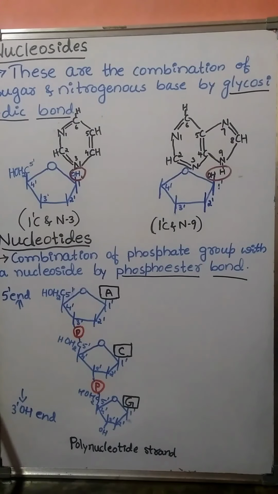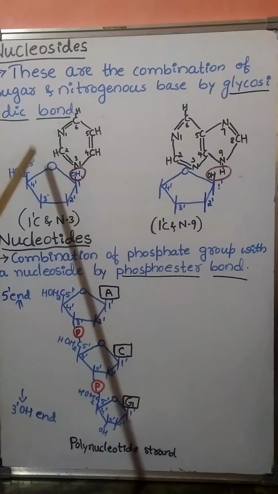The attachment of guanine with the ribose sugar forms the nucleoside guanosine. Attachment of cytosine with the ribose sugar forms the nucleoside cytidine. Attachment of uracil with the ribose sugar forms the nucleoside uridine. In case of RNA, instead of thymine, uracil is present.